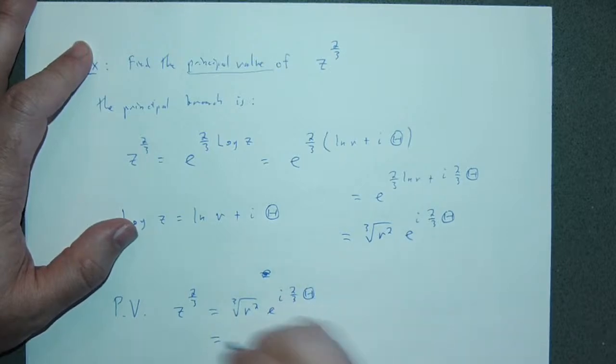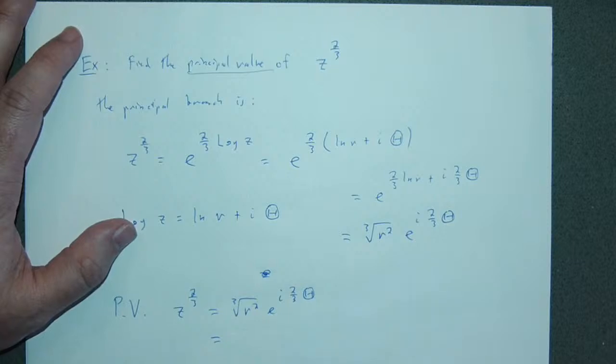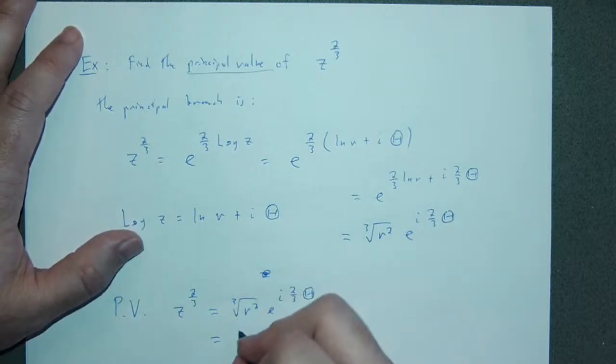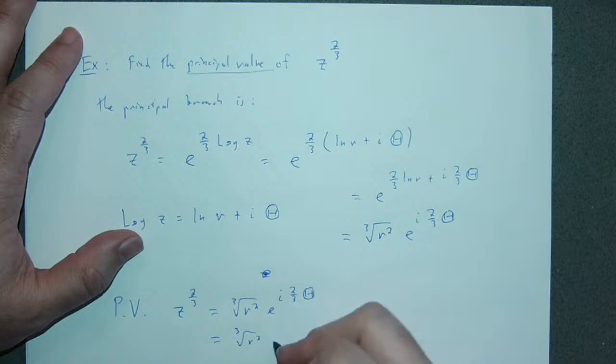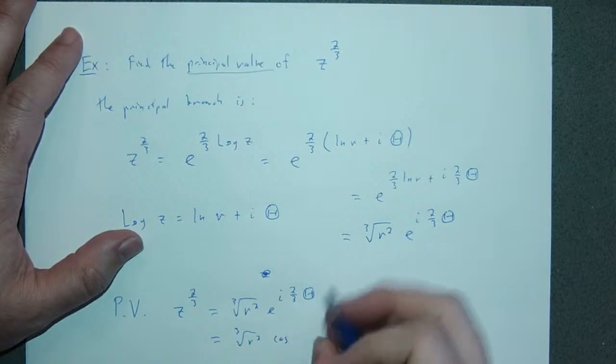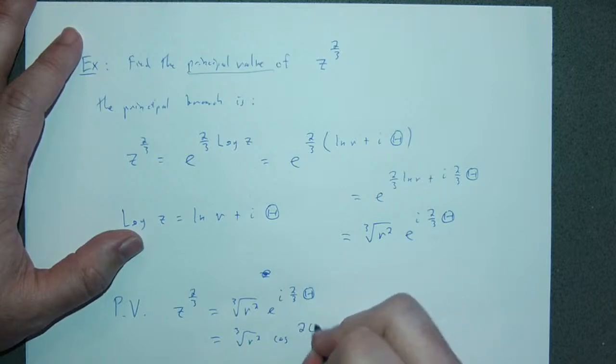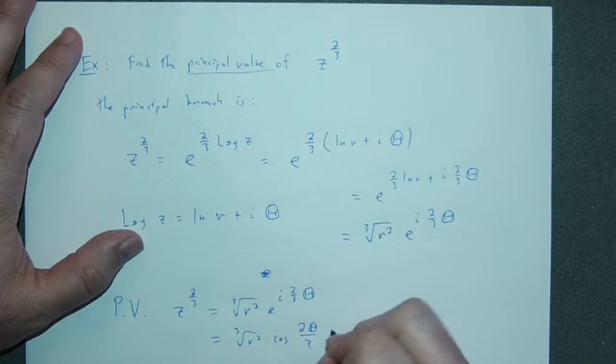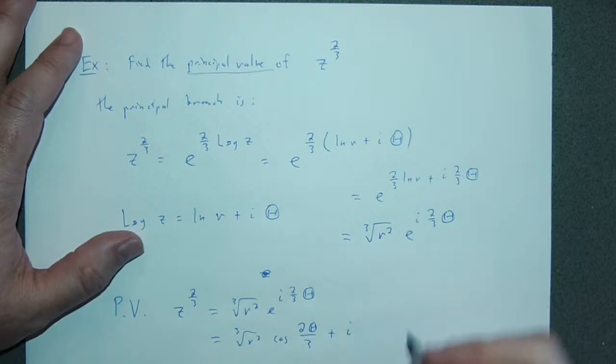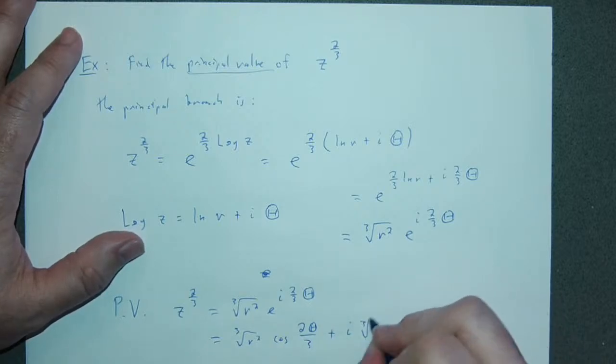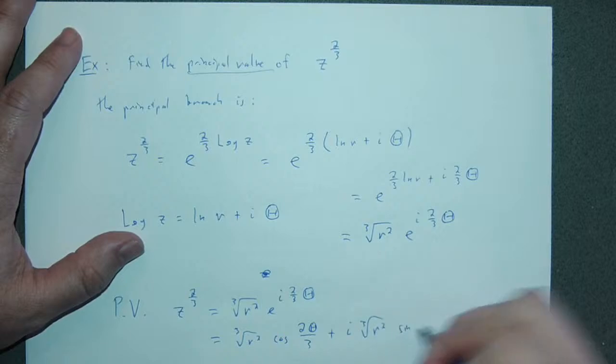So this is equal to, using Euler's formula, cubed root of r squared times cosine of 2 theta over 3 plus I times cubed root of r squared times sine of 2 theta over 3.